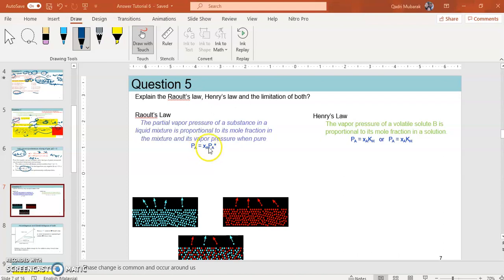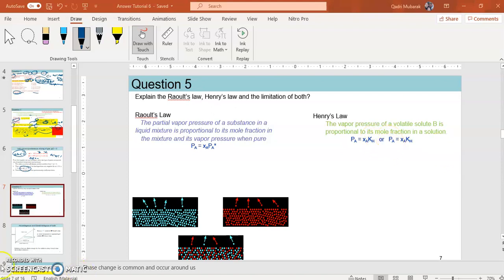While Henry's law says the vapor pressure of a volatile solute B is proportional to its mole fraction in a solution, given by PB, the partial pressure, equal to KH times XB, where XB is the mole fraction and KH is the Henry constant.